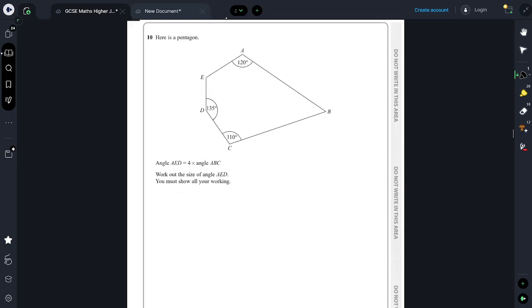Angle AED, that's just something that jumped out to me. Angle AED is this angle here. We call this X. It's 4 times angle ABC.